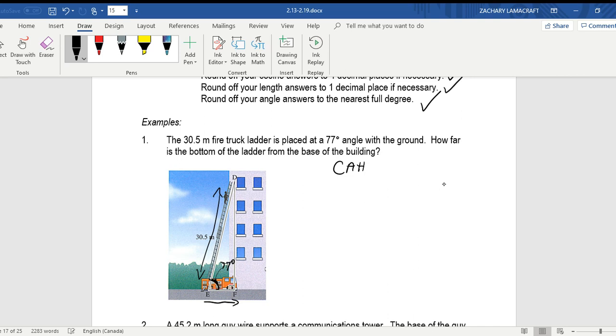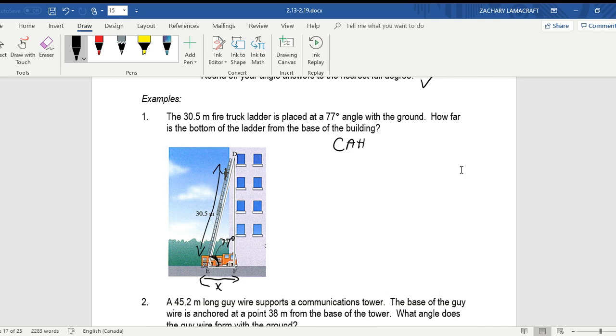So that's this distance here, or E to F. And since we're finding that out, we're going to give it that term x. So like always, we're going to let x be the distance of ladder to the building. Okay, so we've done our let x be statement.